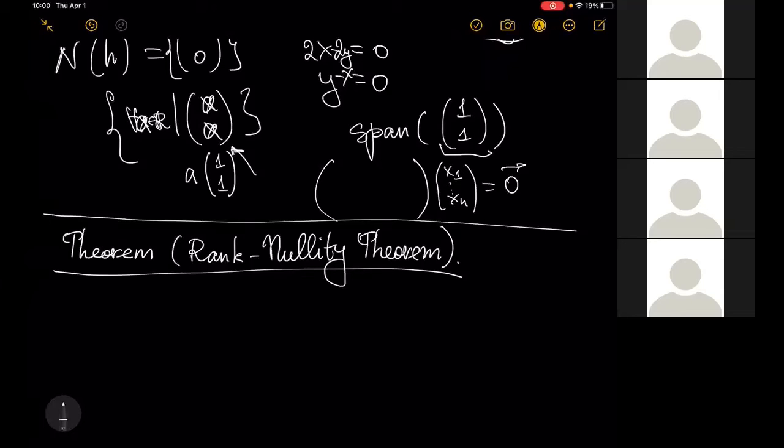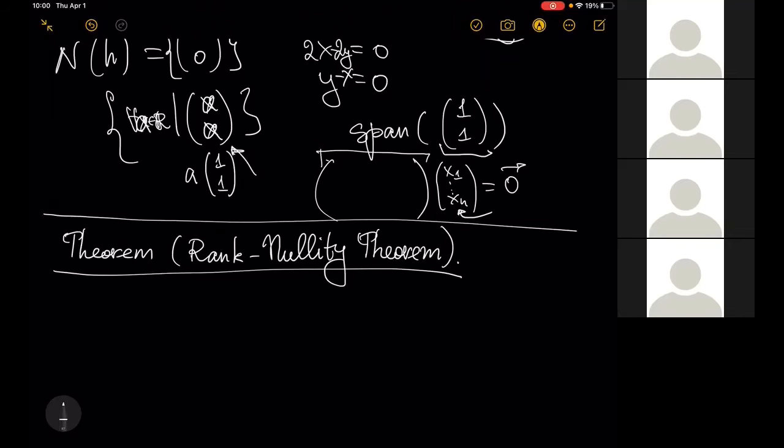You can easily show that this is a linear transformation, preserving structure. And then I was asking you to find the dimension of the space of solutions of the homogeneous equation.